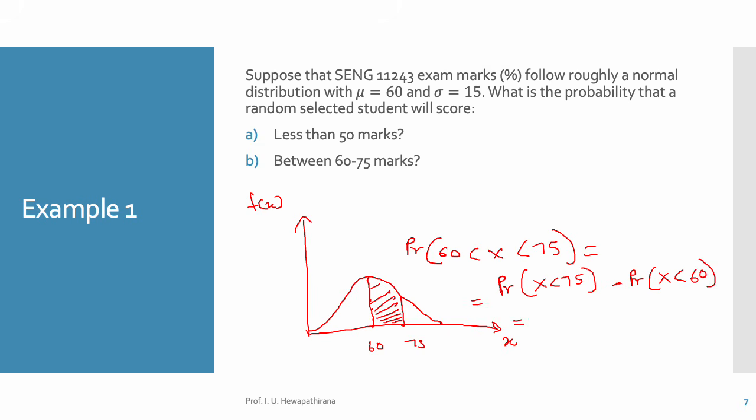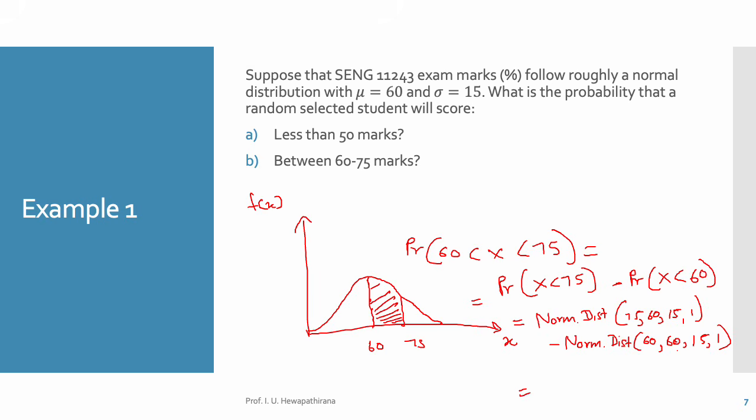So this would be norm.dist 75, 60, 15, 1 minus norm.dist 60, 60, 15, 1.